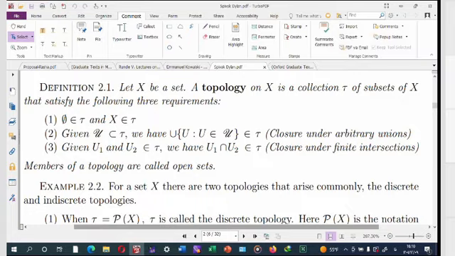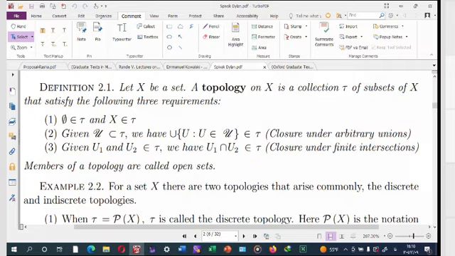This is the definition of topology. Let X be a set. A topology on X is a collection of subsets of X that satisfies the following three conditions. 1.